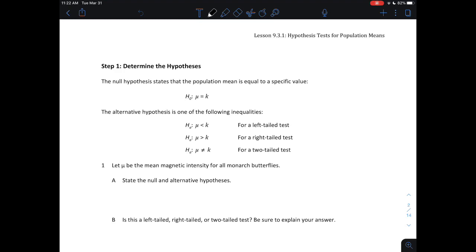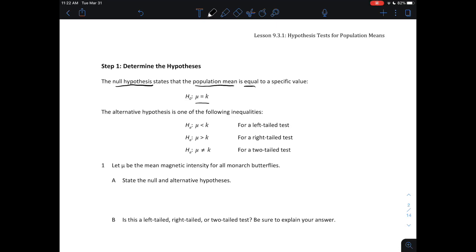As we've seen before, the null hypothesis states that the population mean is equal to a specified value. So again, the null hypothesis always involves equality, and in this case we are using population mean as our parameter, and we are setting that equal to a specified value. So mu for population mean is equal to some number k, which is just a constant.